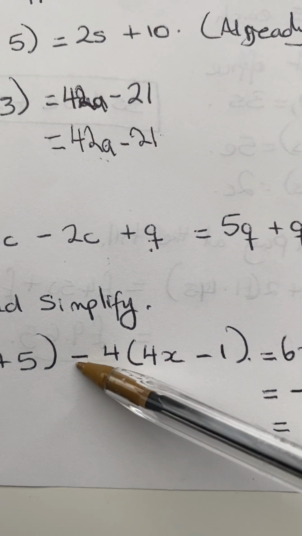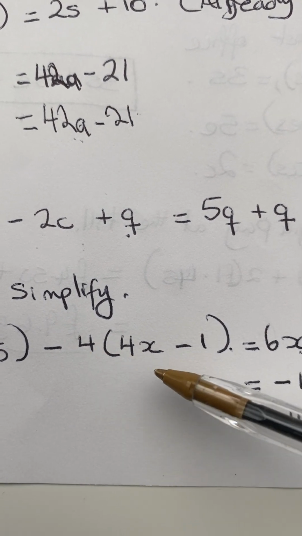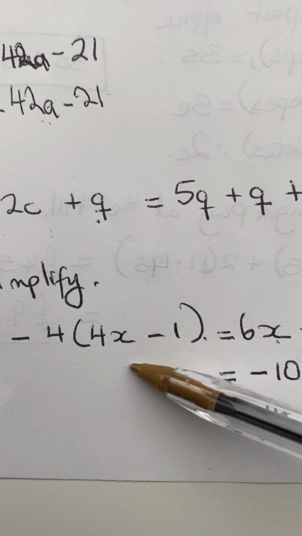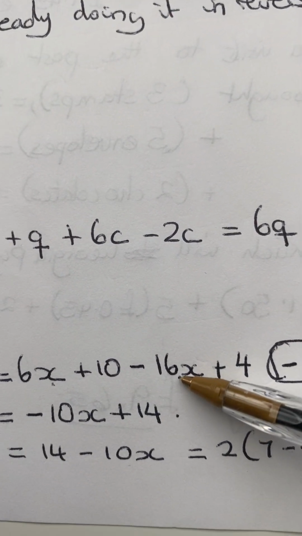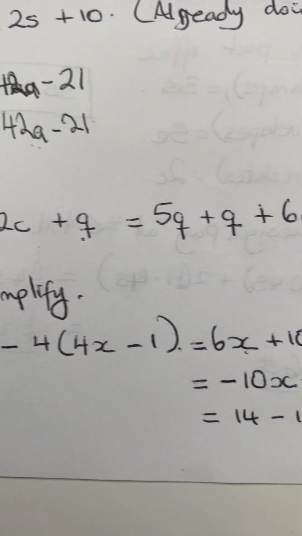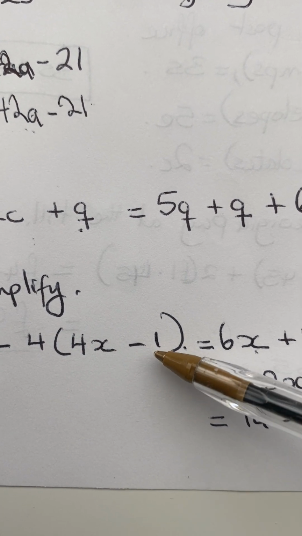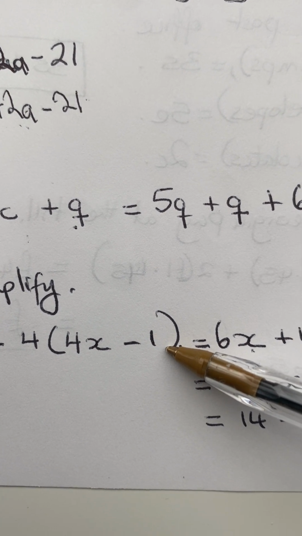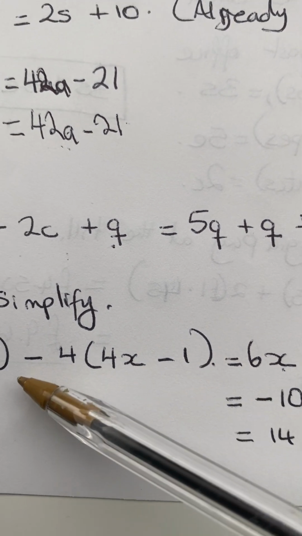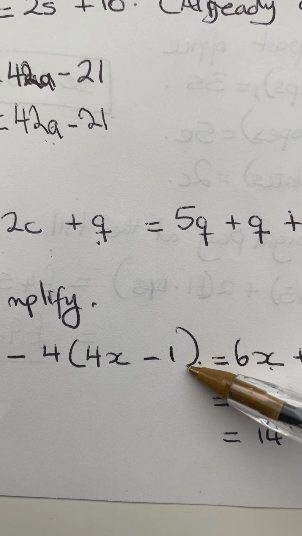Now you have minus 4 here. So minus 4 times 4x will give you minus 16x. Now, minus 4 times minus 1. Remember, BODMAS: bracket means times. So minus 4 times minus 1.